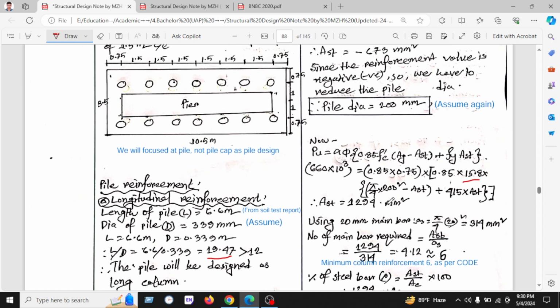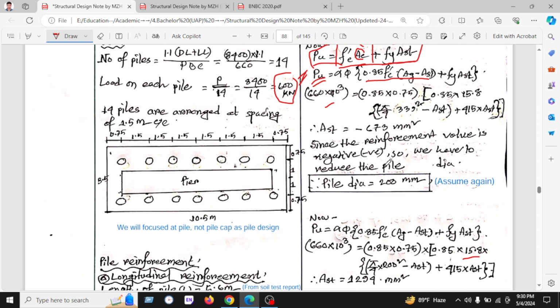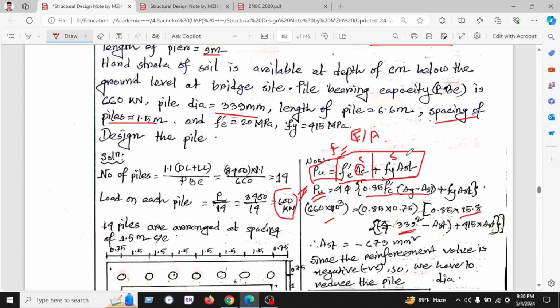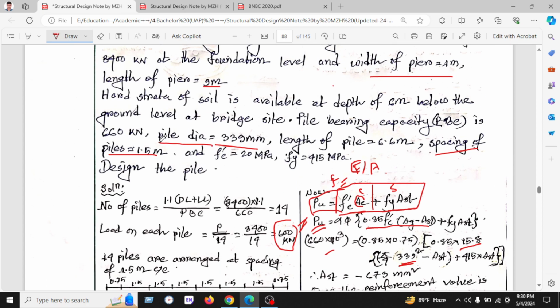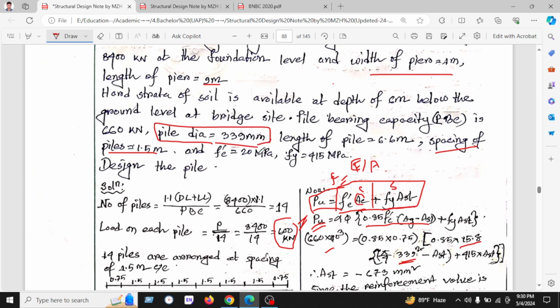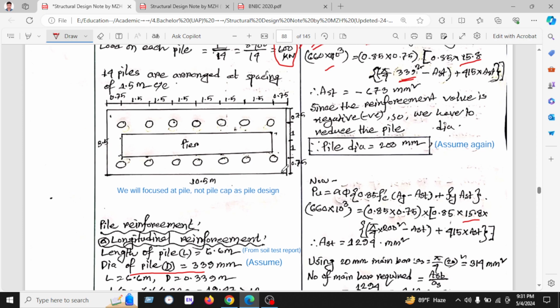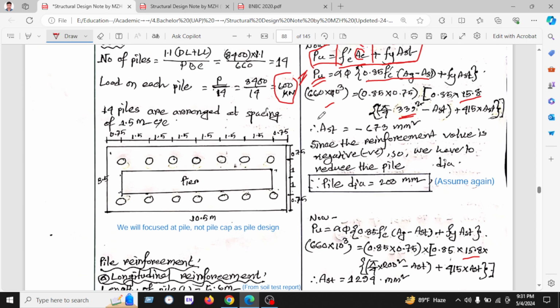here is the 15.8, and the pile dia 339 is given. This is assumed data, and we found the steel ratio, which is a negative value, negative 673.